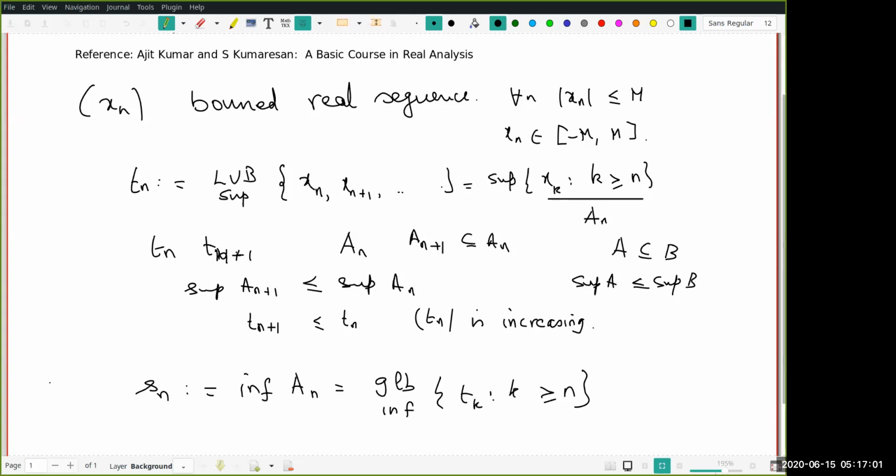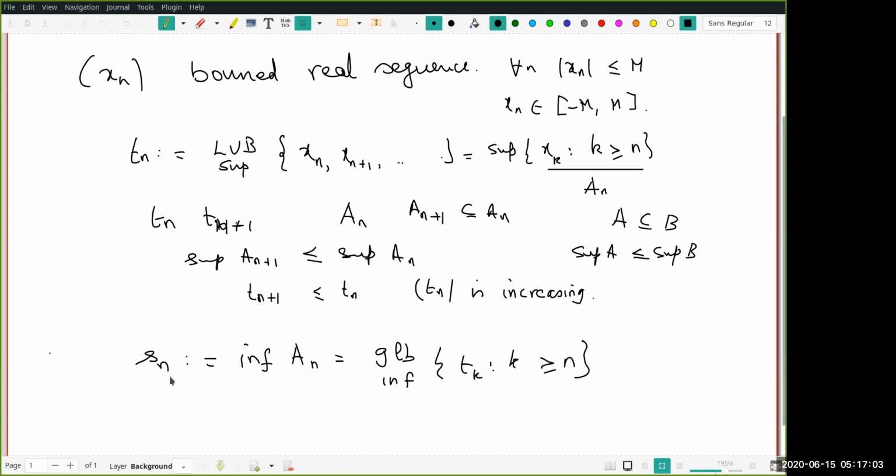Now look at Sn and Tn. What's the relation between them? Sn is the infimum of An, whereas Tn is the supremum of An. We know that if A is a non-empty subset of real numbers for which infimum and supremum exist, then infimum of A is less than or equal to supremum of A. In fact, we need only a lower bound and an upper bound. Why?